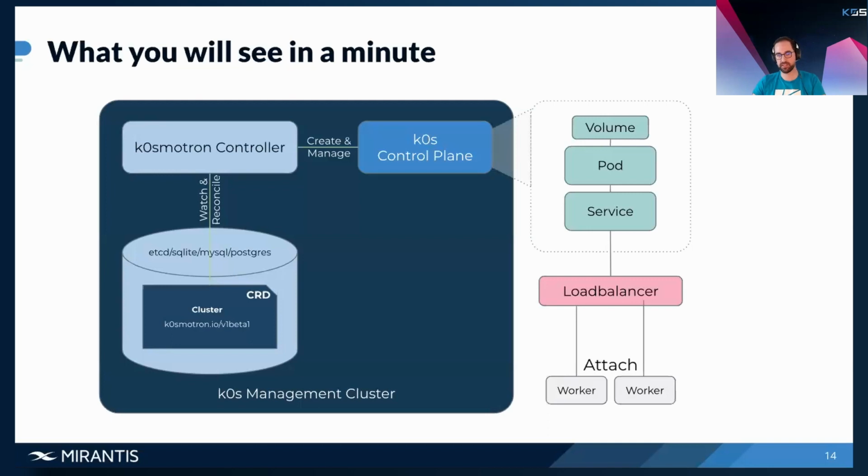You can run this k0s management cluster, let's say, in your own environment. And you can spin up k0s clusters or worker nodes in AWS or in Azure. And you only pay for the worker nodes, essentially for the resources that are really giving benefits, that are running your business critical applications.